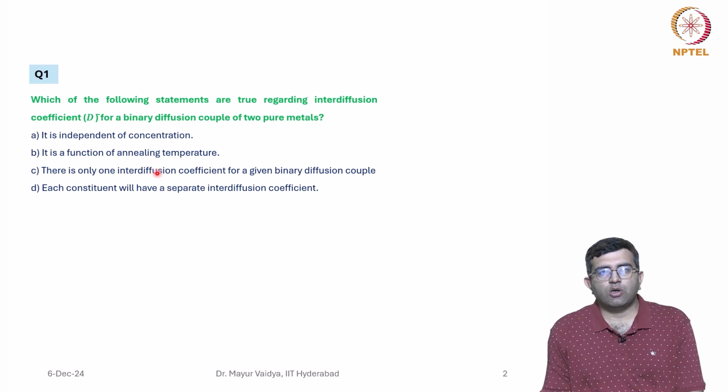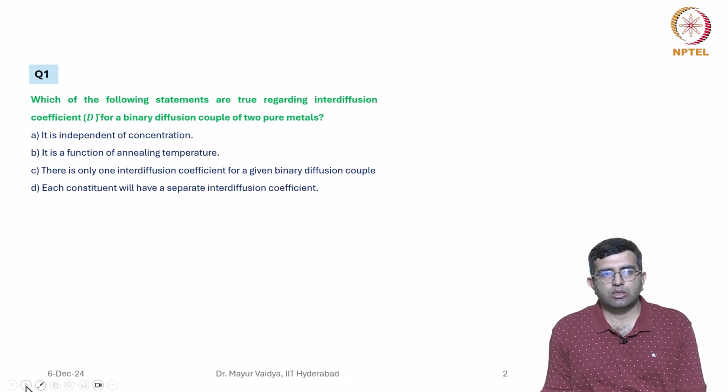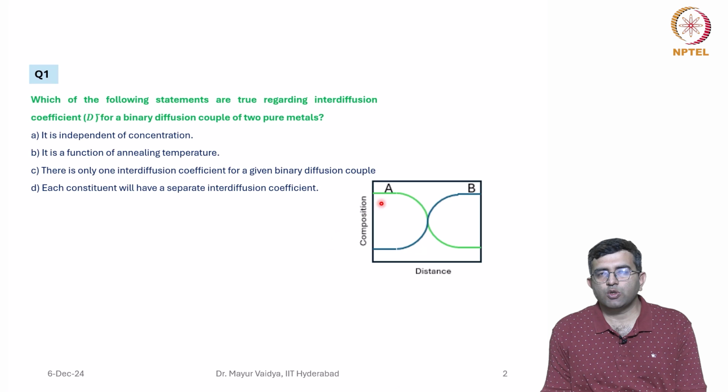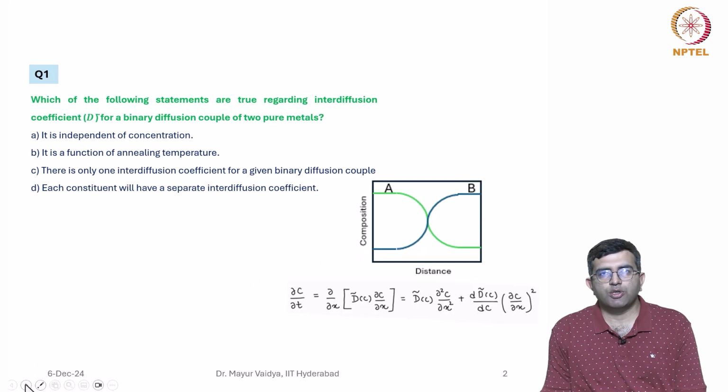Now, if we talk about this question, binary diffusion couple, which is D tilde. For a diffusion couple, this is a typical profile that develops in the interdiffusion zone.